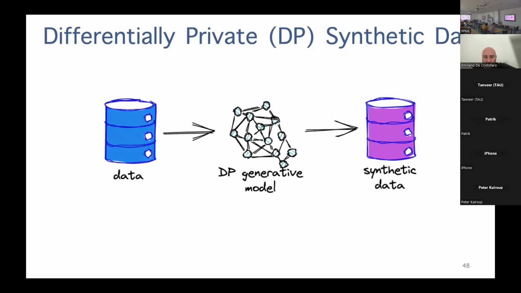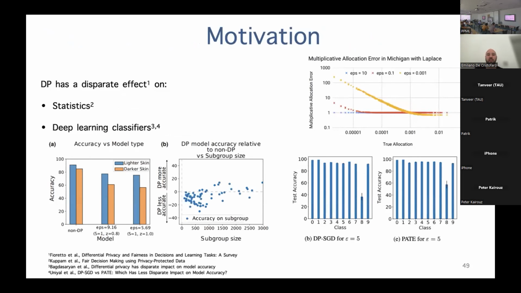So again, the idea is to look at how synthetic data generated by differentially private generative models work, and in particular, we want to look at the disparate effect that differential privacy can have on different members of the population.